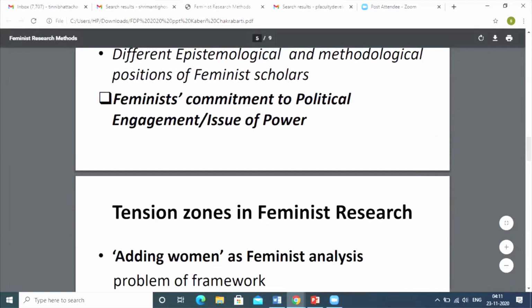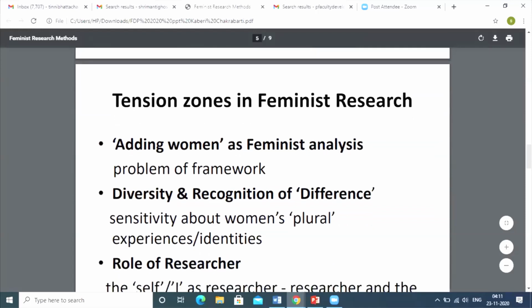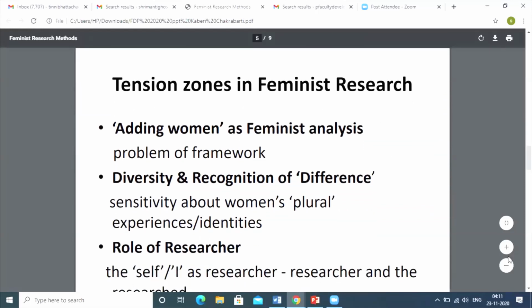Now I would like to talk about some of the tension zones in feminist research. When we adopt feminist research method, we are actually being influenced by some of these tensions, some of the debates in feminism.